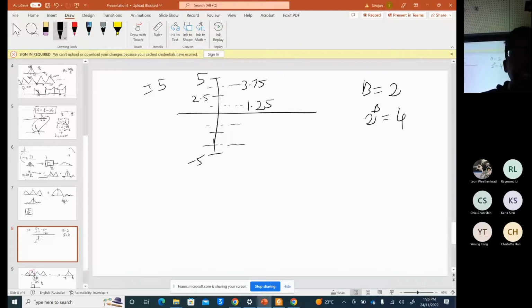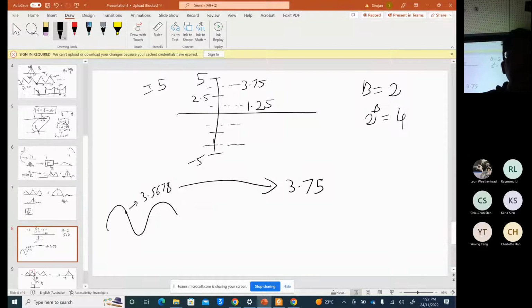Okay, so these are the quantized values. Let's say you have this sinusoid signal and this sample point, and the value is 3.5678, something like that. After quantization, where it falls in this window, you assume it as 3.75. That is the quantized value.